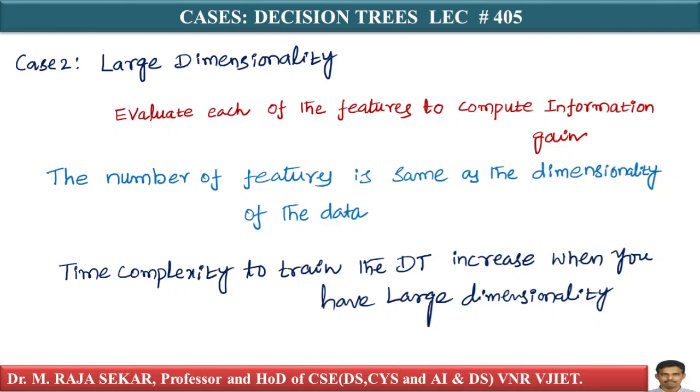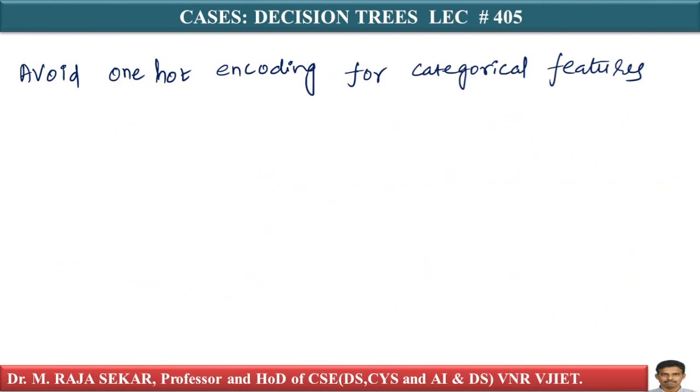So what if we have categorical features? The recommendation is we should avoid one-hot encoding for categorical features.